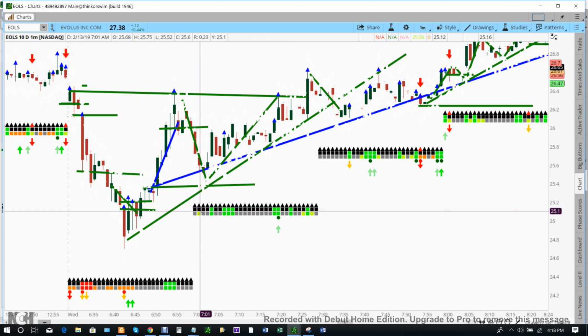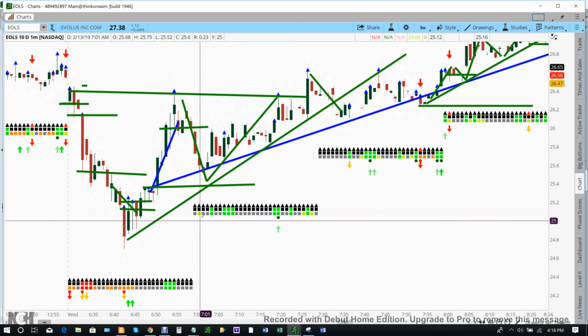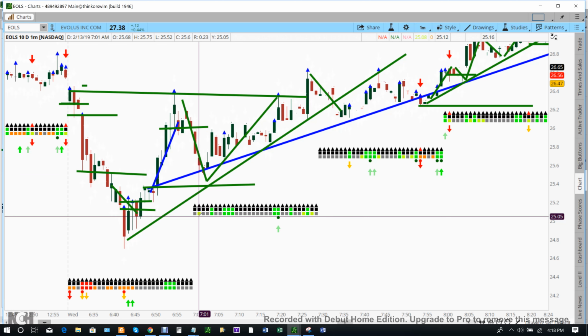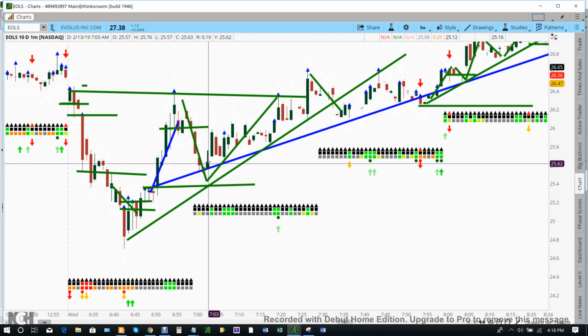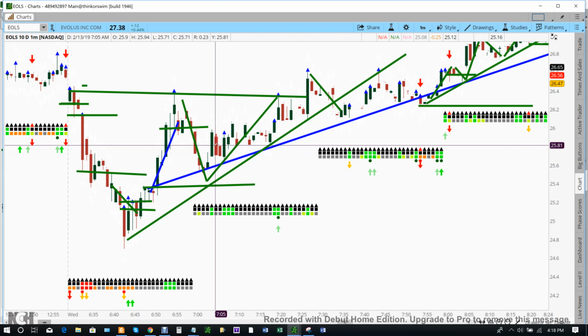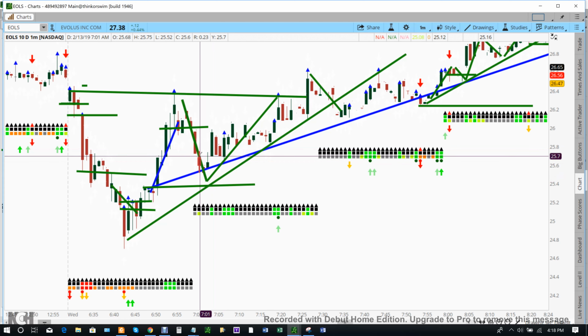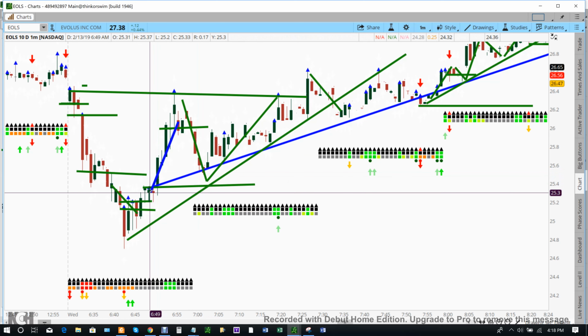What's happening? Well, right here you see a green, which means things are turning around. And what happens? Next candle, it went up. So you have two up candles. And now you have a valley.